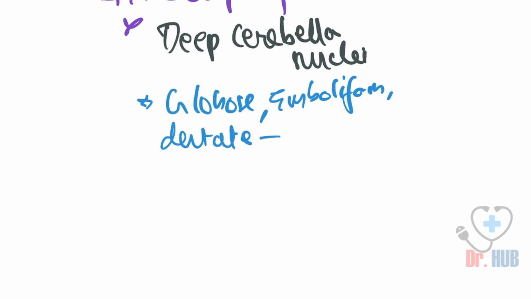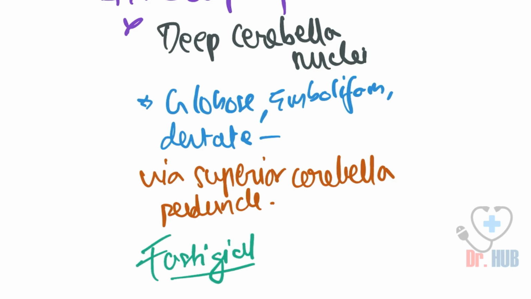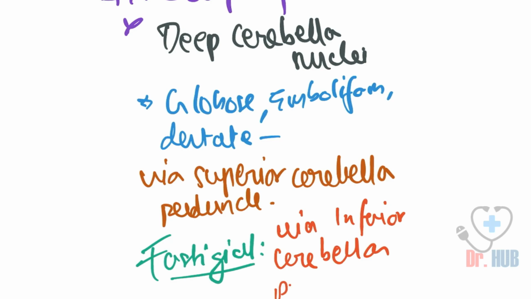All of this is via the superior cerebellar peduncle. Then there is the fastigial, which is via the inferior cerebellar peduncle.